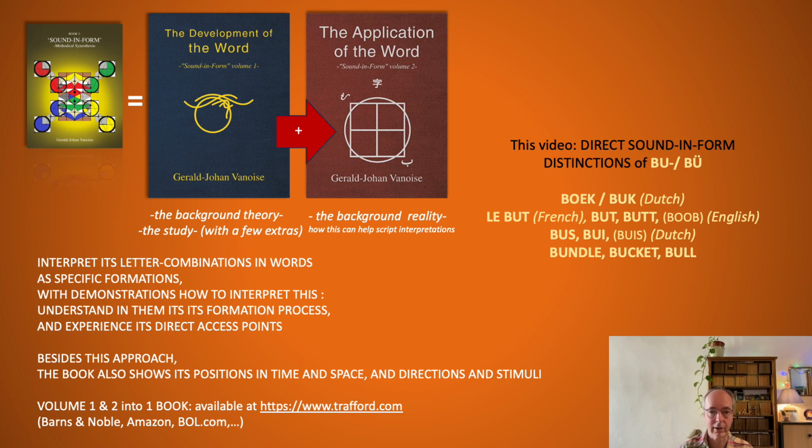Only the demonstrations of how to change the letter combinations into forms, how to interpret them afterwards, and also how to understand not just the system behind it, but what I am doing by putting them into forms, what is really happening there. Underneath is a system that is much more complex than that.